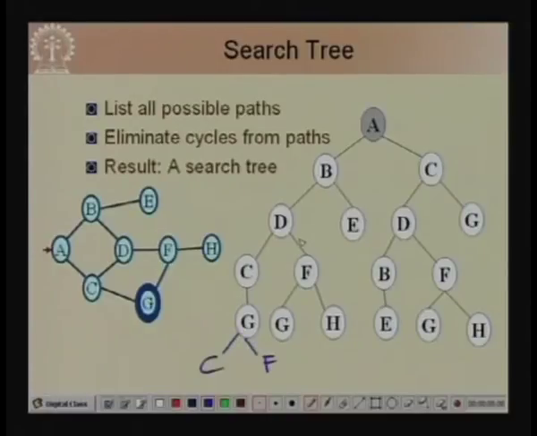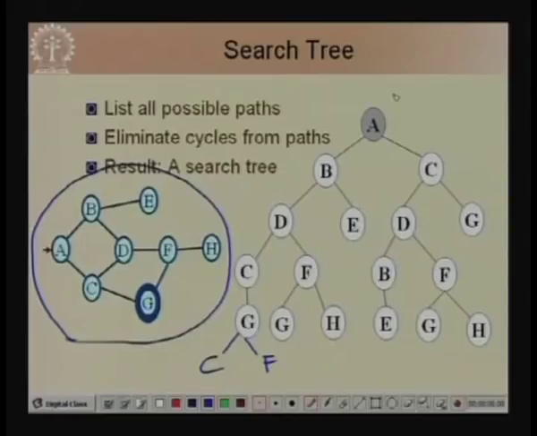So, actually, if we take this graph and unfold it into a search tree, we may get an infinite search tree. In order to make this search tree finite, we will need to eliminate cycles from every path.